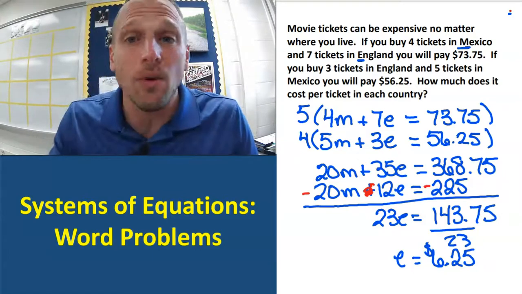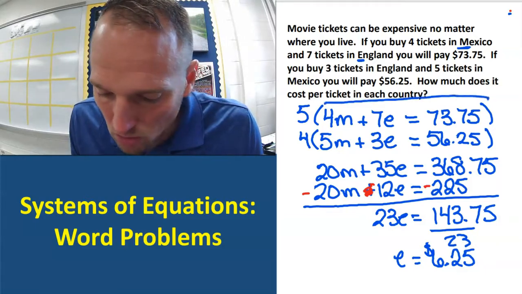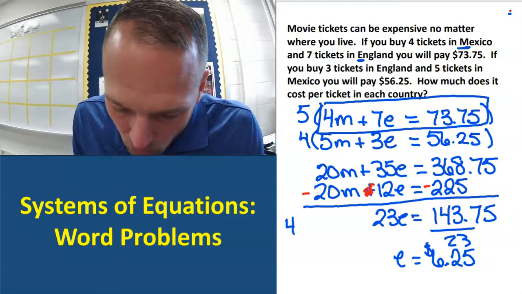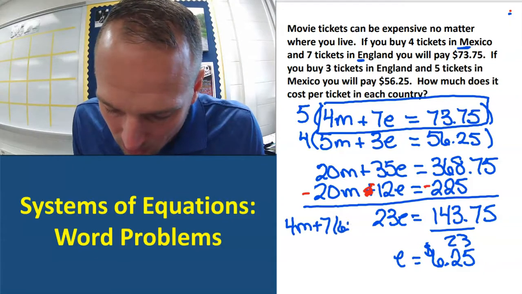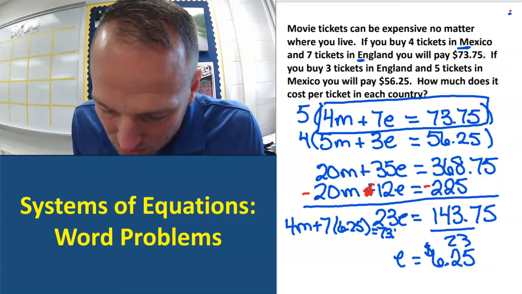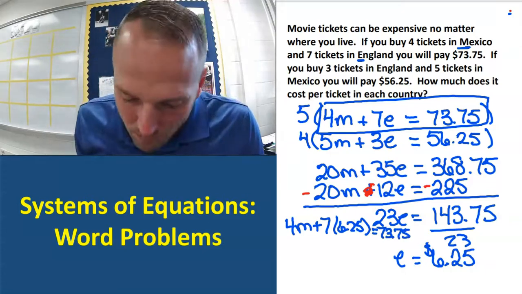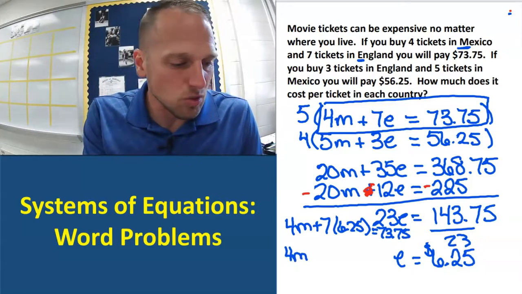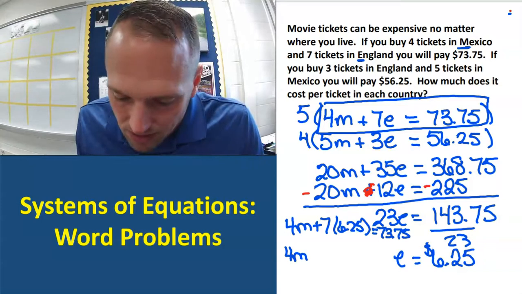Okay, so let's find out Mexico. I can use any one of these equations. I think I'm going to use the top equation right here. So I would have 4m plus 7 times 6.25, running out of space, equals $73.75. So 4m, what's 7 times 6.25, I wonder? That's going to be $43.75.